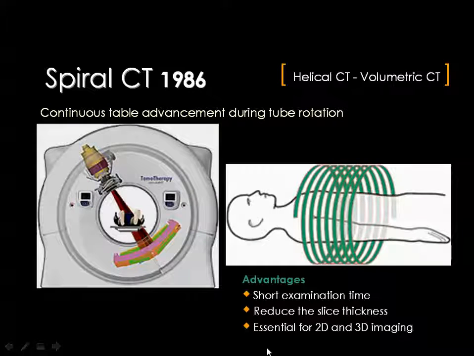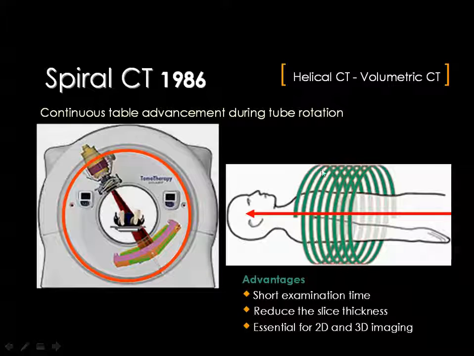Then after this machine, a newer machine has been developed, which is known as the spiral CT. By the spiral CT, we are able to provide current for the machine without cables connected to the ground. Then the X-ray tube is now able to rotate without stoppage, and meanwhile the bed is moved while the tube is rotating.